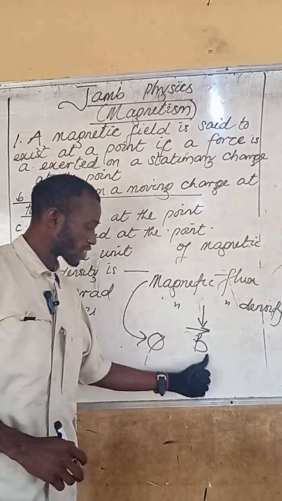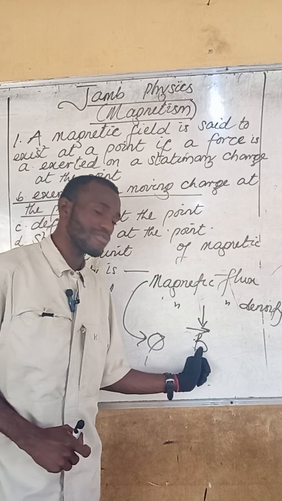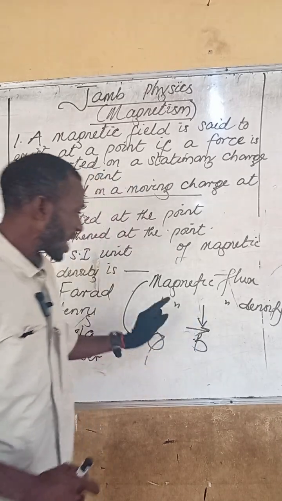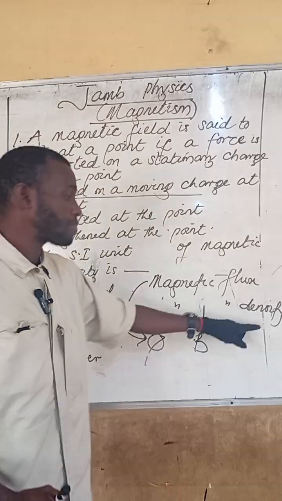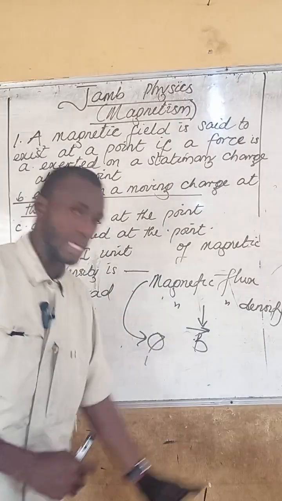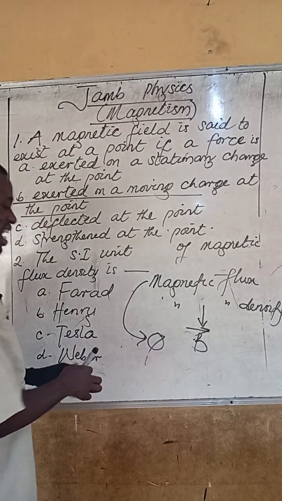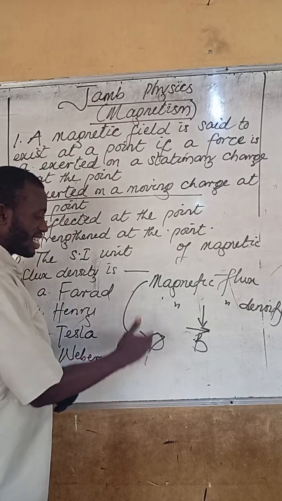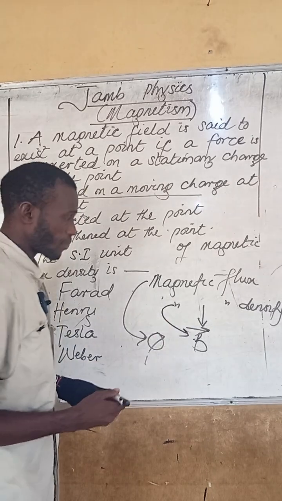This guy is also called magnetic field intensity or magnetic field strength. So it's also called magnetic flux density, or magnetic field intensity, or magnetic field strength, vector B. While this one is just magnetic flux and it is a scalar.